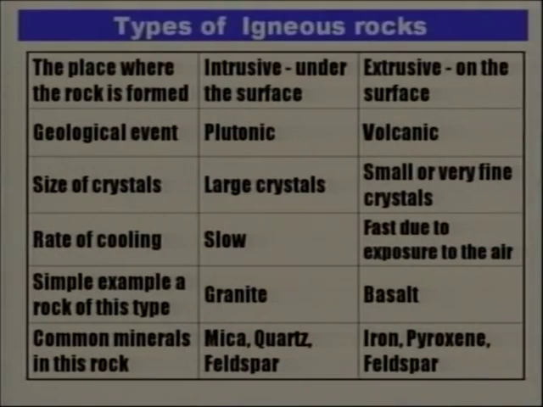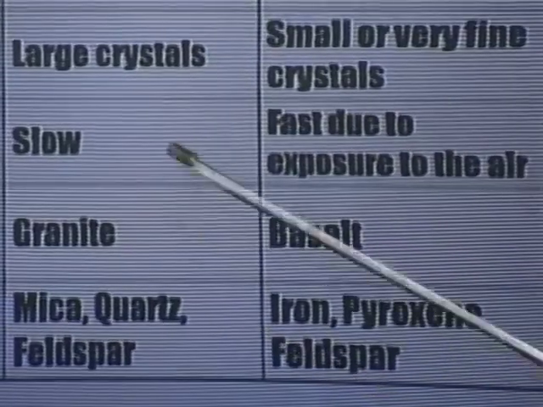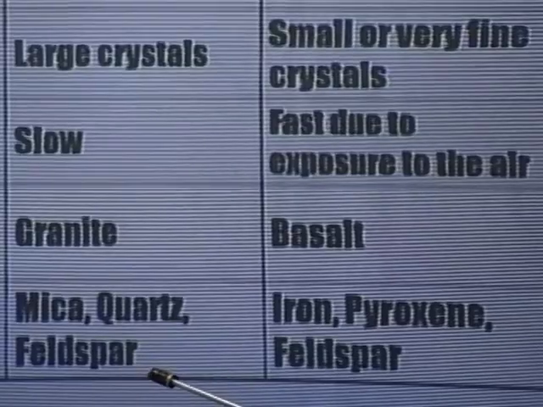So let's look at the common minerals. There are also other minerals which are found in a sample of granite and a sample of basalt, but the common minerals which are found in a rock of granite are the minerals of mica, quartz, and feldspar.